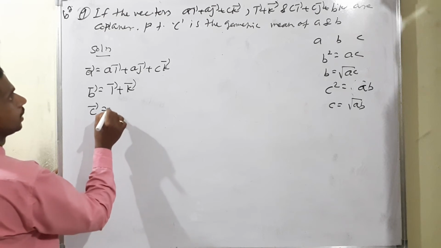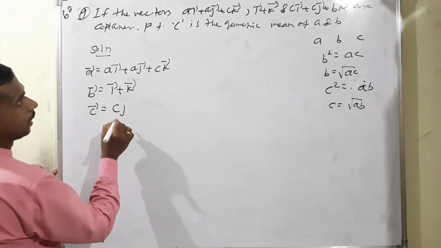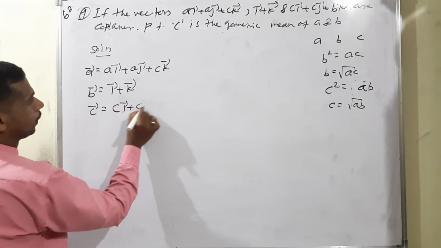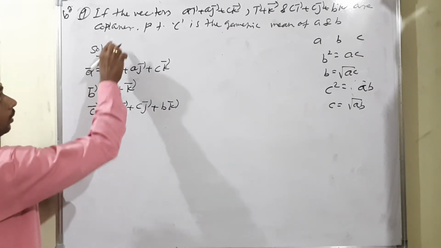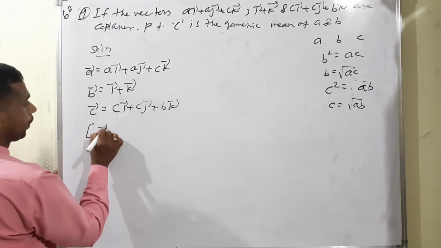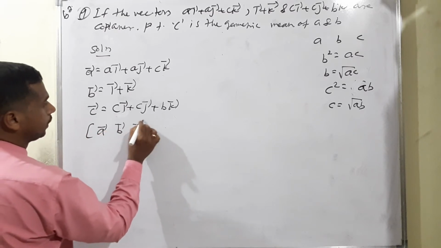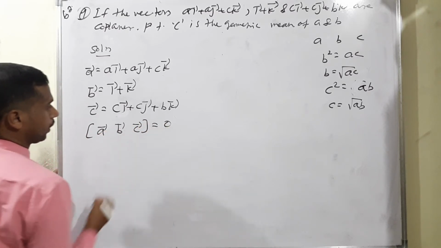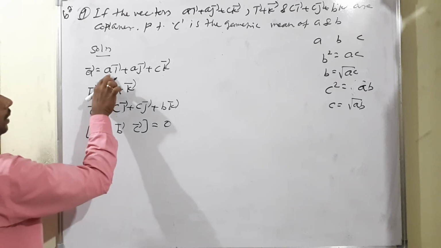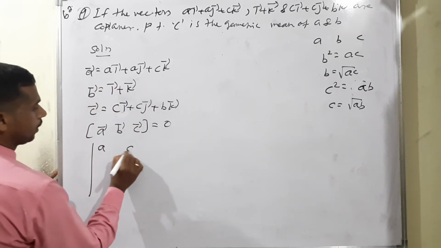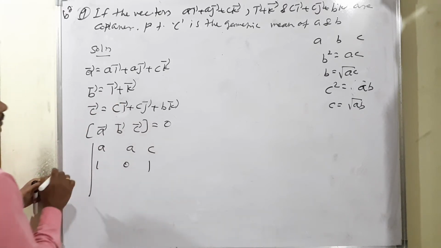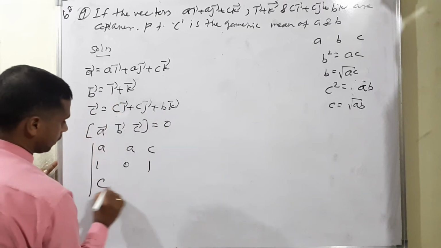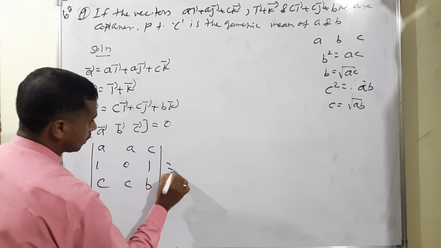Then C vector is equal to C i vector plus C j vector plus B k vector. They are coplanar, therefore the box product of A, B, C is equal to 0. So A vector means A, A, C; B vector means 1, 0, 1; C vector means C, C, B.